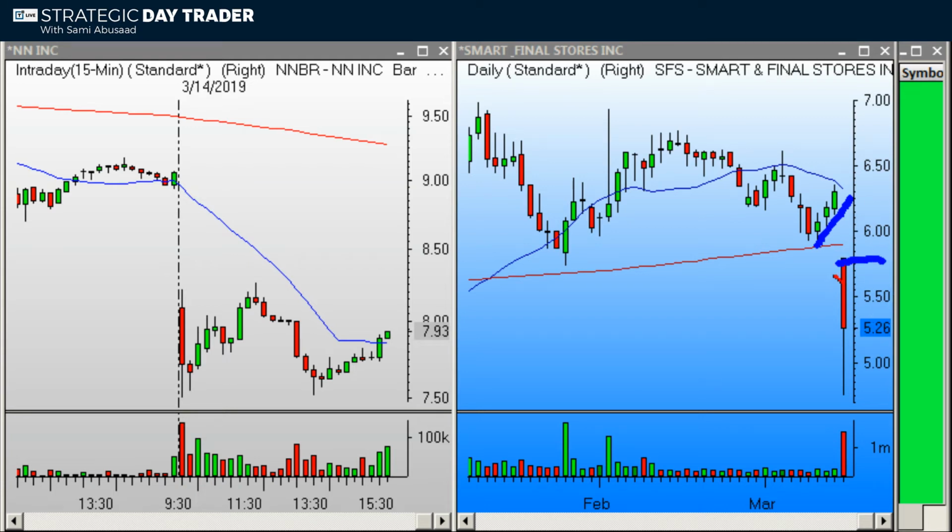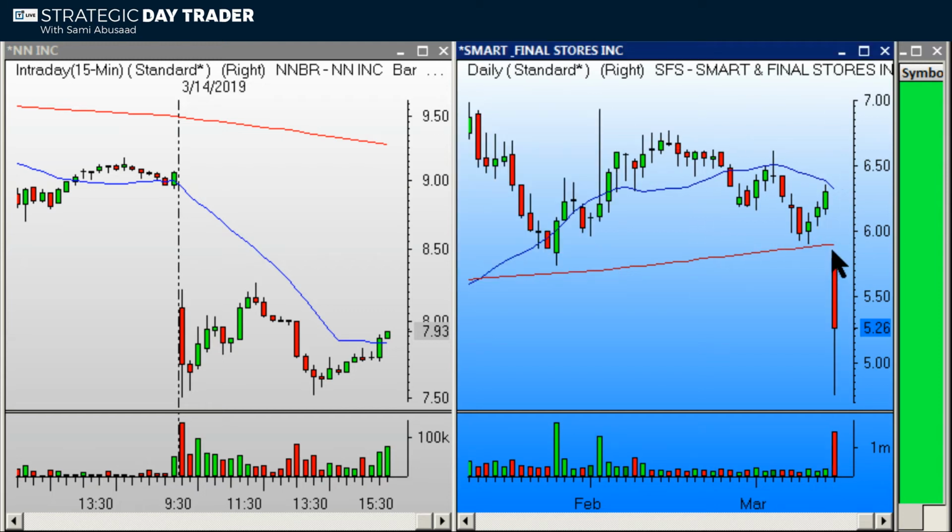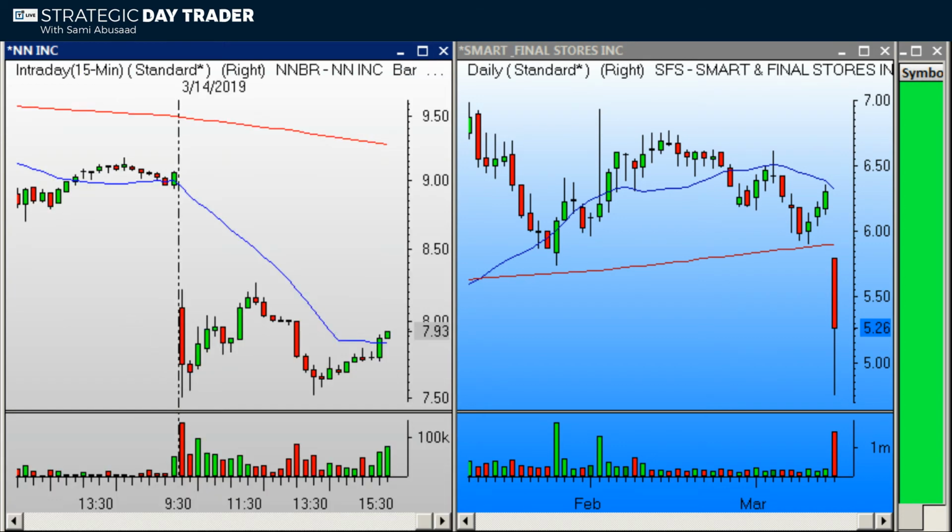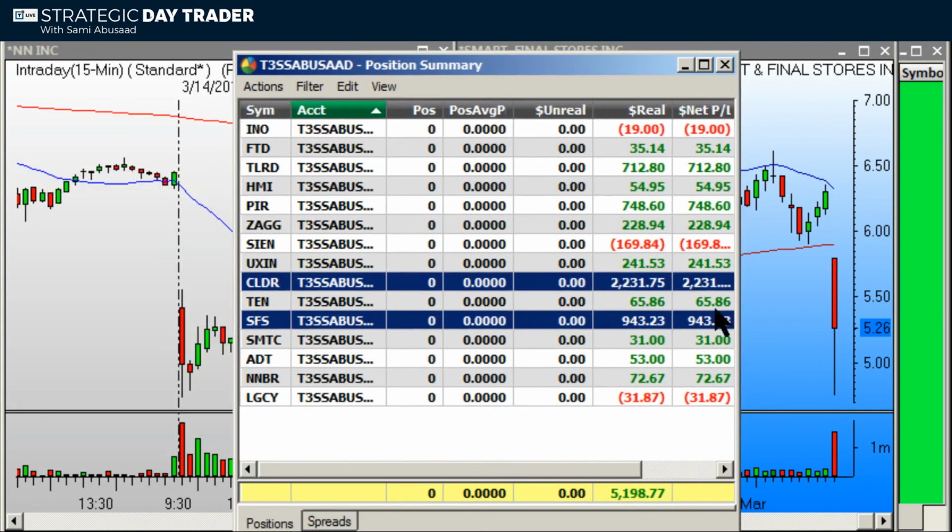Right? They got trapped. And then it gapped under support, under the double bottom, under the 200. Oh my God. This was my first trade today at the open on the mic with the room. So this was played in the Strategic Day Trader room. It wasn't the biggest trade, but the CLDR, it's because I played it 3 times. That's why it was the biggest CLDR today.